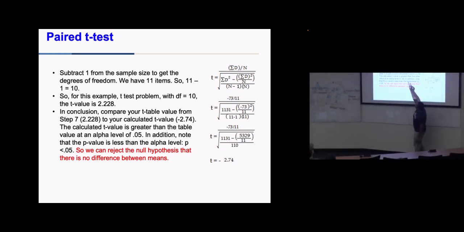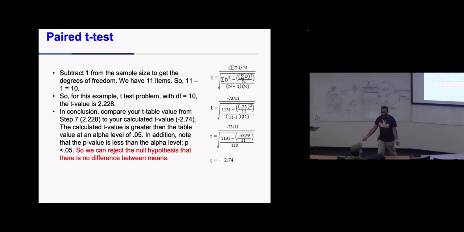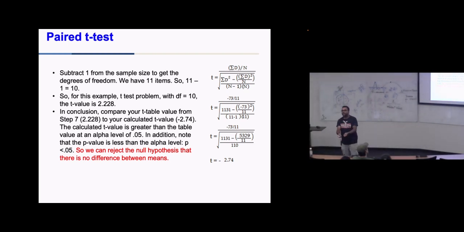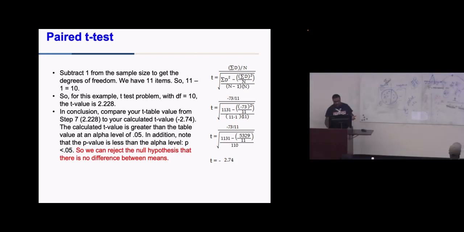And what you see is that this number is higher than that. So you can reject the null hypothesis. So actually, we reject the hypothesis that there is no difference. When you reject that there is no difference, that means there is a difference.